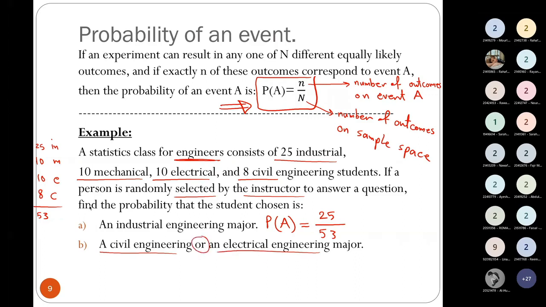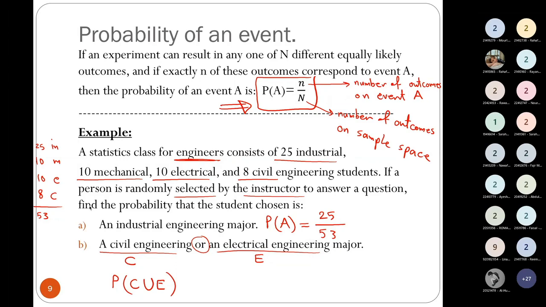Or means plus. If civil equals C and electrical equals E, then C union E means the student selected is civil or electrical.